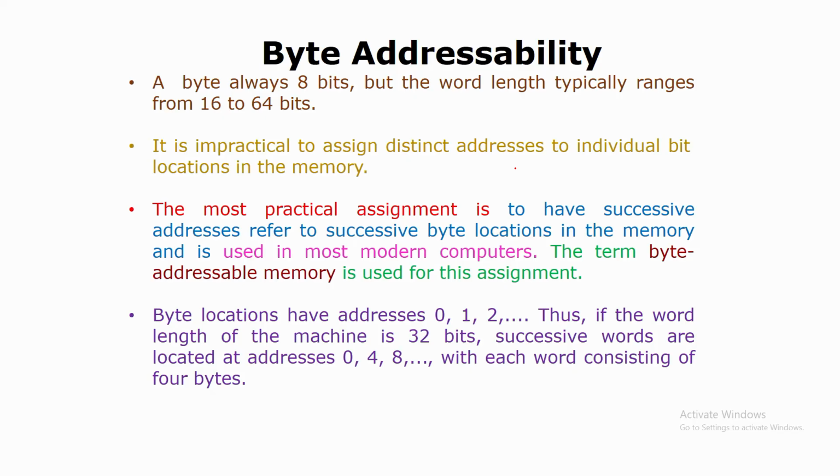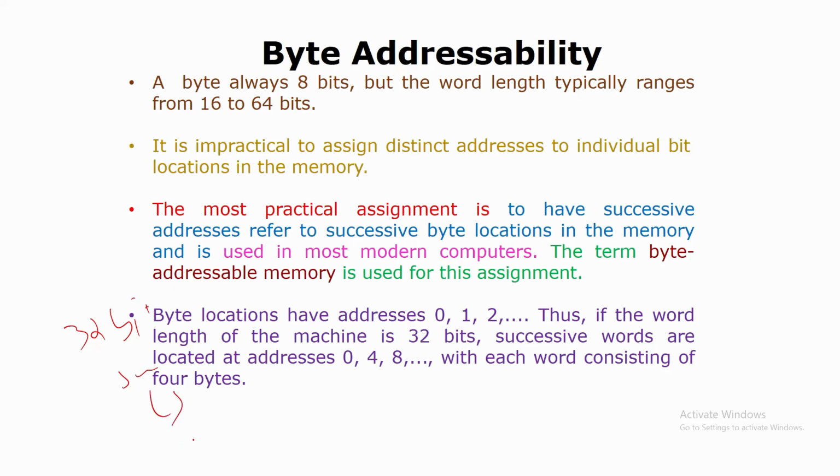So whenever we give an instruction, the memory automatically gives us access to it. Since a byte always consists of 8 bits, assigning addresses to bytes rather than to individual bits makes memory management much more practical. For example, consider a 32-bit system.